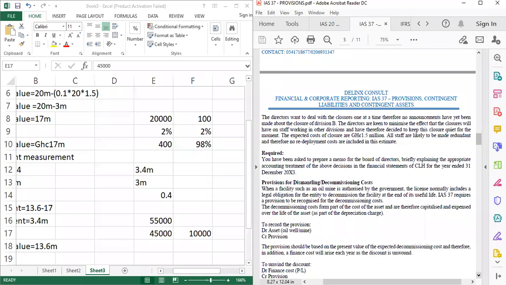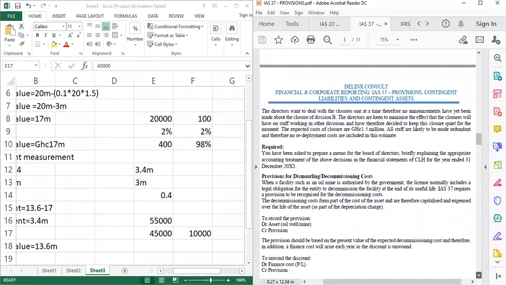If you present value it, you add the present value to your asset and you credit provision for that present value. We take the cost of capital of the company and keep charging it on the provision up to the time that we are going to do it. So we keep on unwinding it, charging the interest as a finance cost, adding it to the provision till we have the total amount that we have estimated.